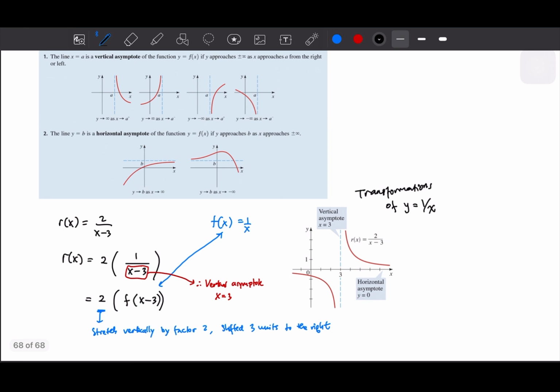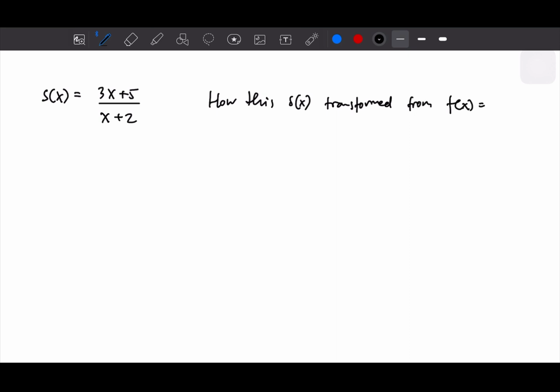Now let's try another example. Let's say we have f of x equal to 3x plus 5 divided by x plus 2. Now, can we imagine how this transforms from f of x equals 1 over x?